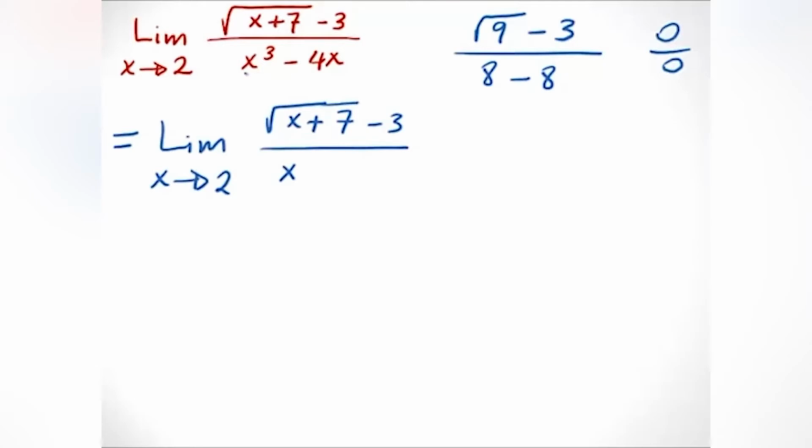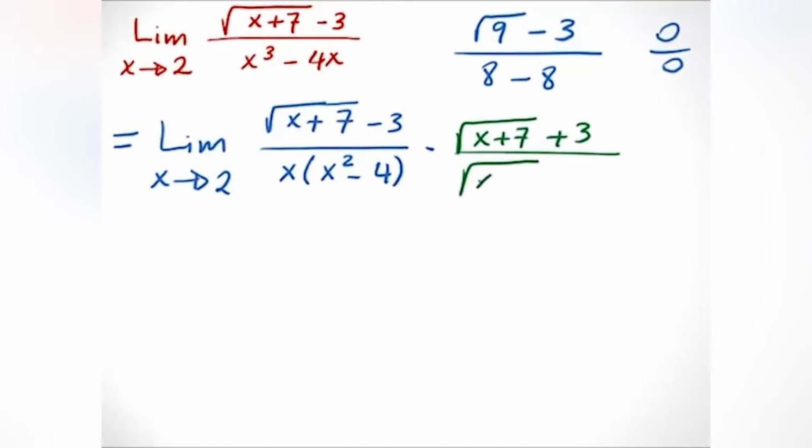I can factor the denominator as x times x squared minus 4, times the product, the conjugate of the numerator, which is square root of x plus 7 plus 3, divided, of course, by the same quantity, just to multiply it by 1.